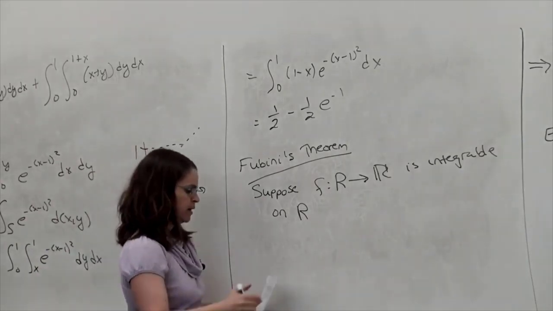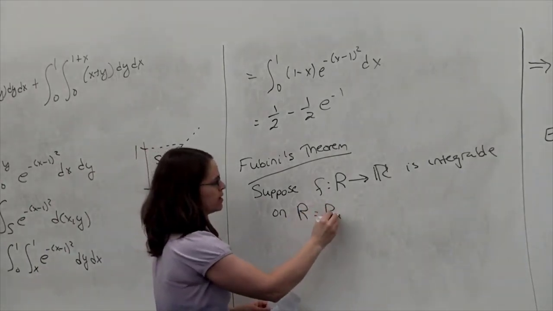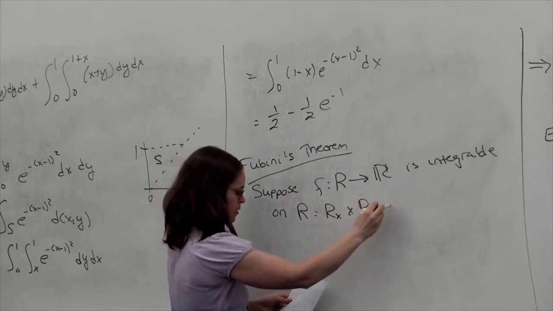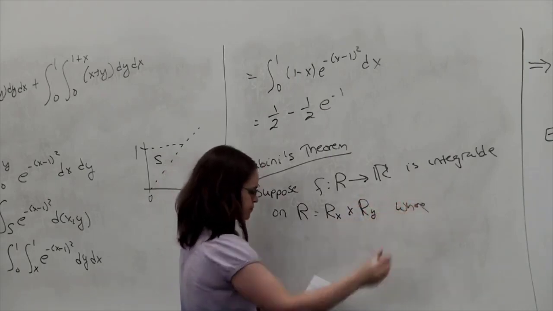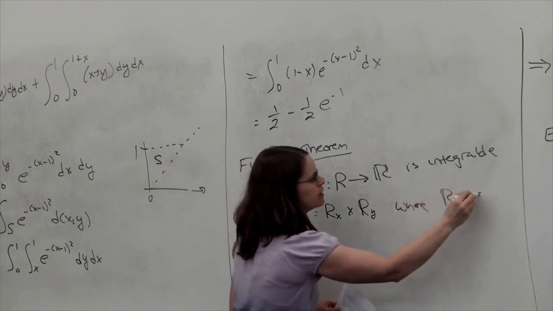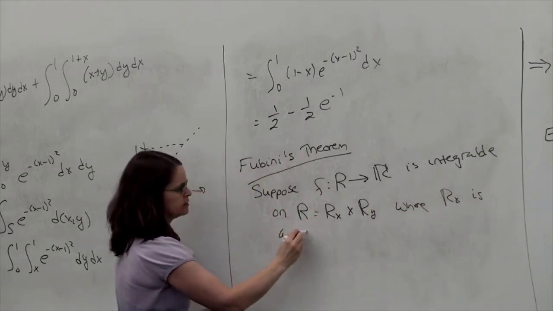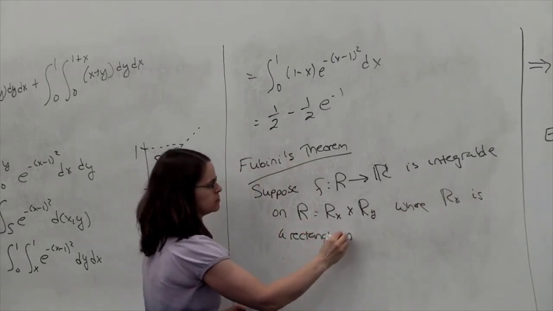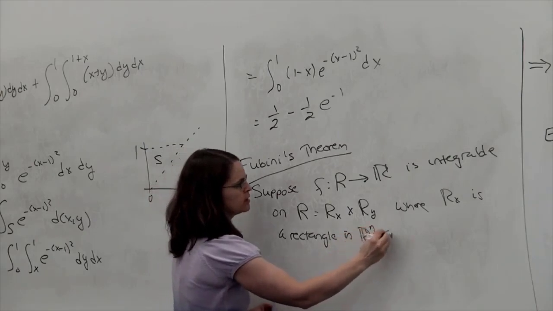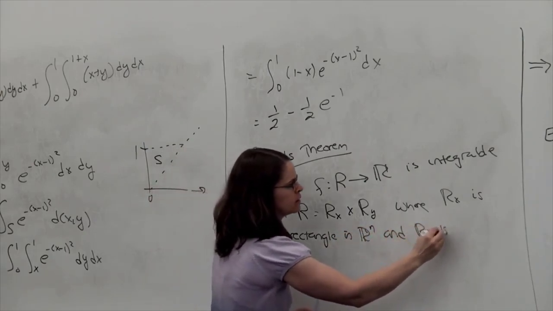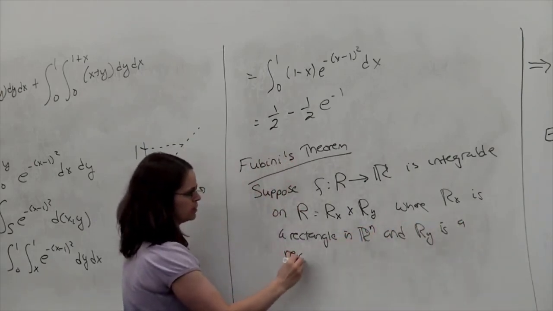Okay, so R equals Rx cross Ry, where Rx is a rectangle in Rn, and Ry is a rectangle in Rm.